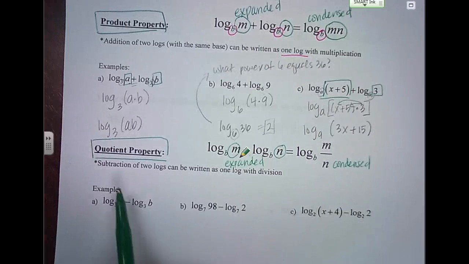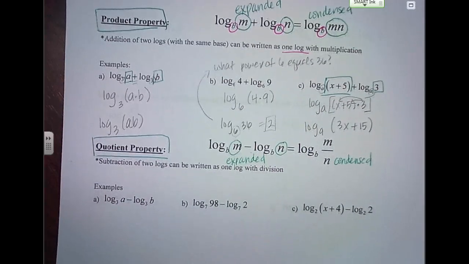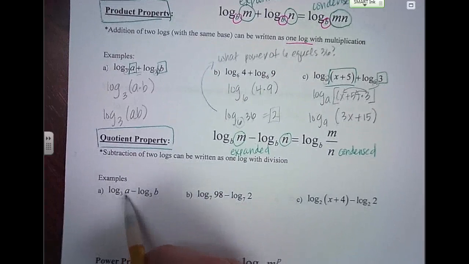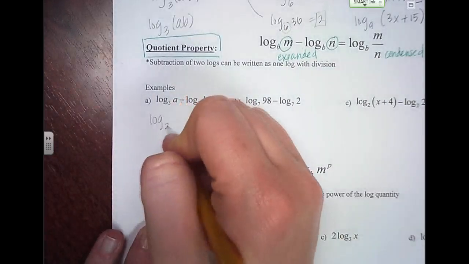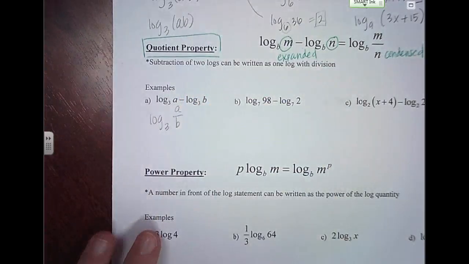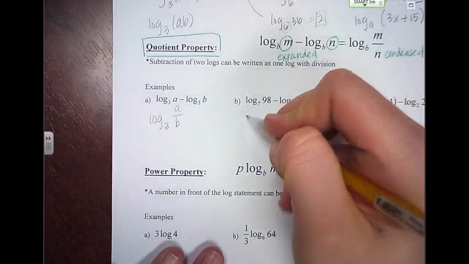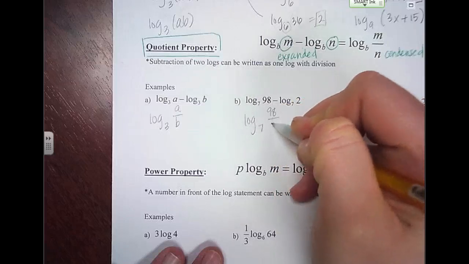Subtraction of 2 logs can be written as 1 log with division. So let's rewrite these. The bases are the same, and I'm subtracting, so I can rewrite this as log base 3 of a divided by b. The second one, I could rewrite as log base 7 of 98 divided by 2.